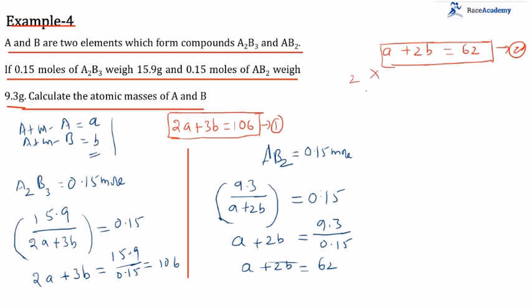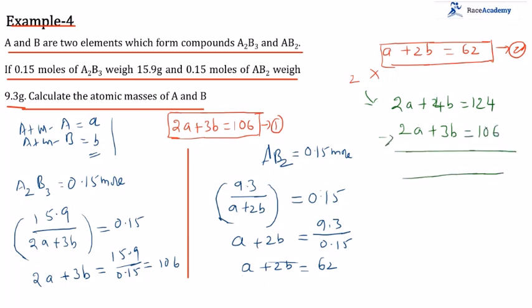We will get 2A plus 4B equals 124. And the first equation as it is, 2A plus 3B equals 106. After subtracting this one from the first one, here you will get B is equals to 18.